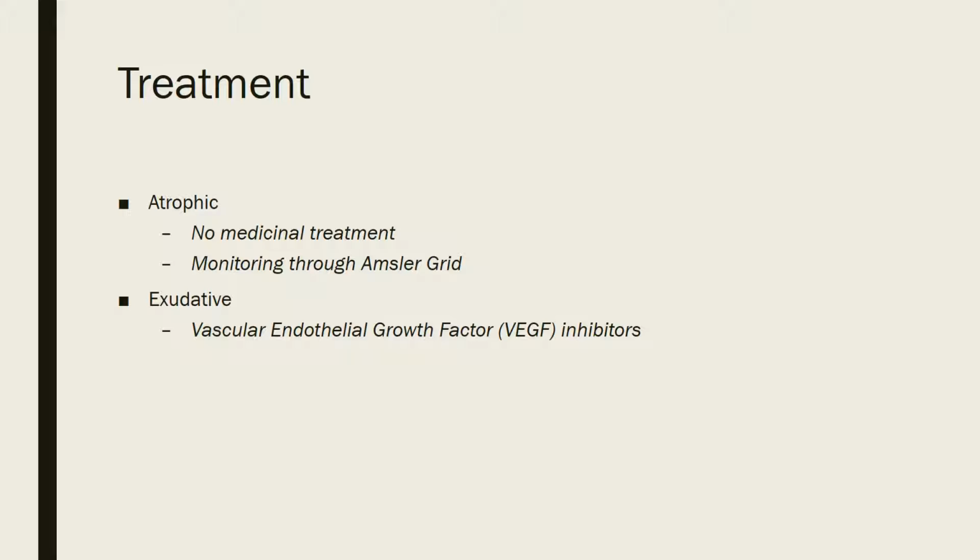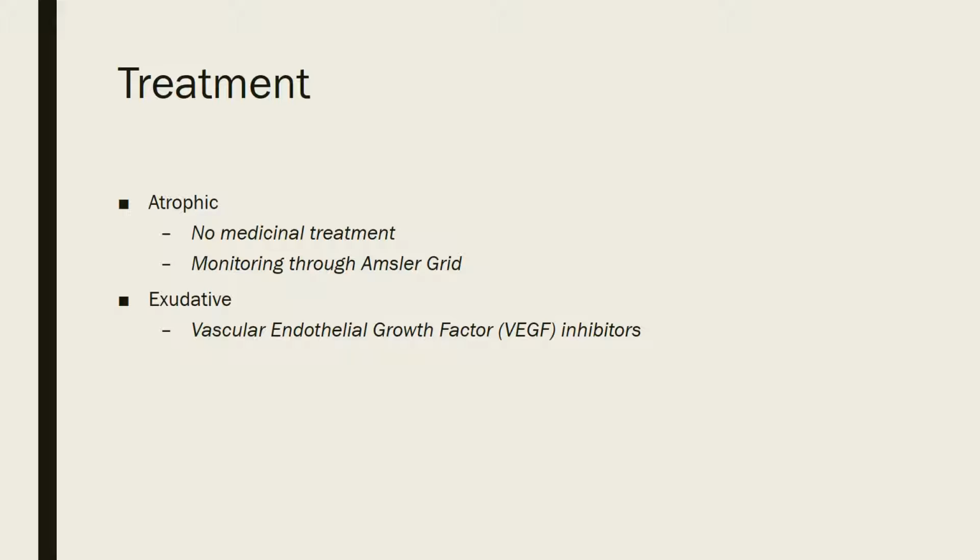And that sudden increase is indicative of exudative AMD, which there is a treatment for. It's called vascular endothelial growth factor inhibitors. And these are an intraocular shot that essentially stop neovascularization or stop the growth of those new blood vessels.